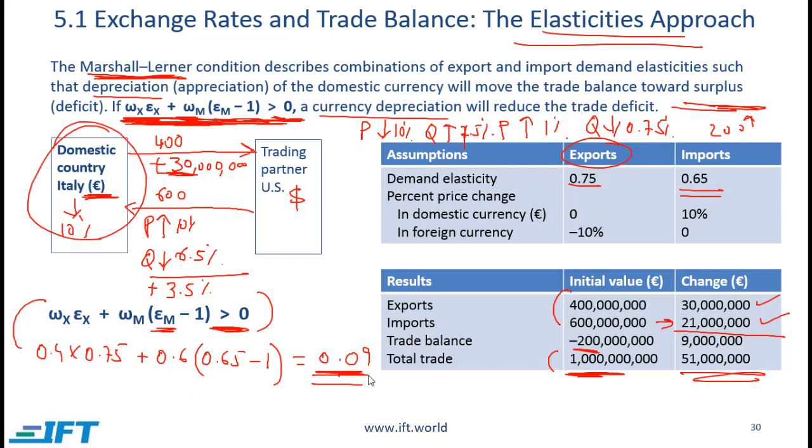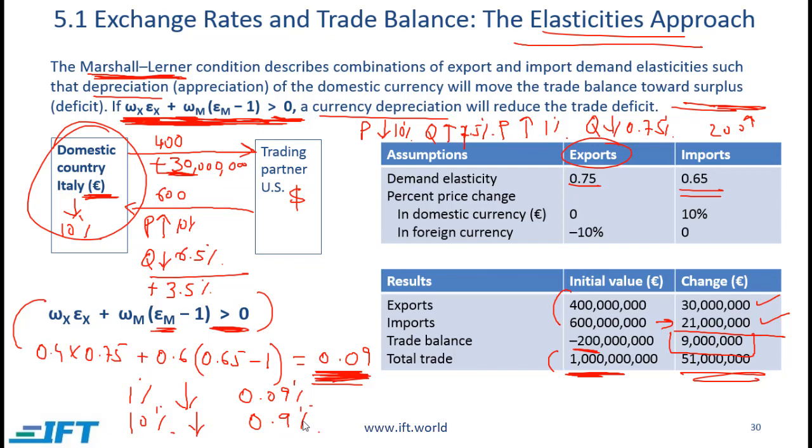Let us also connect this 0.09 now with this number over here. What does 0.09 mean? This means that a 1% decrease in value of the currency will improve the trade balance by 0.09%, which means that a 10% reduction in value of the currency will improve the trade balance by 0.9%.